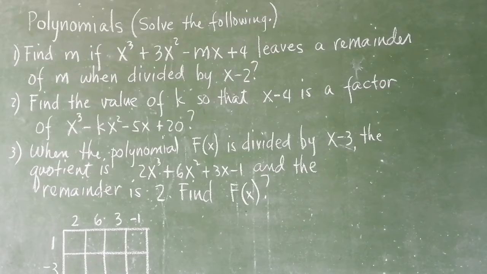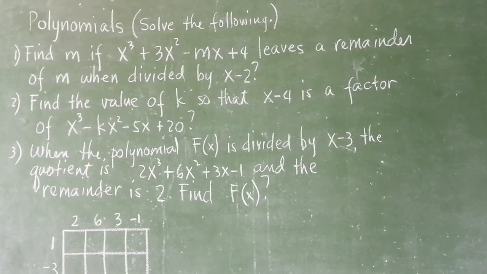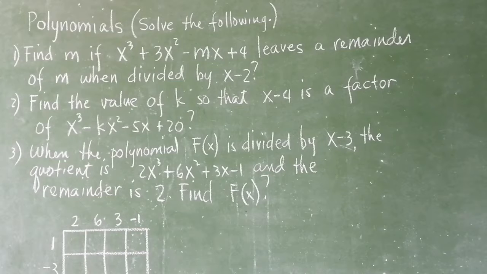So we are going to solve the problems on the board. Number 1: find m if x cubed plus 3x squared minus mx plus 4 leaves a remainder of m when divided by x minus 2. Number 2: find the value of k so that x minus 4 is a factor of x cubed minus kx squared minus 5x plus 20.